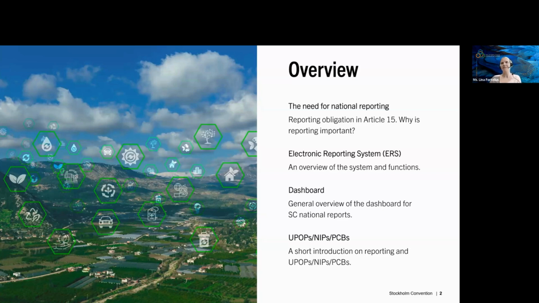In the third section, we will make an overview of the contents of the report and what types of information is requested and discuss a bit where that information could be found. And then I will just briefly say something about the dashboard that the Secretariat has on its website, where all the results of submitted reports are shown. And finally, we will move into PCBs today. So then I will give over the floor to Augustine.